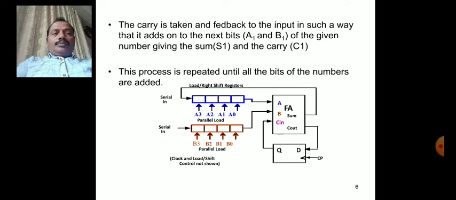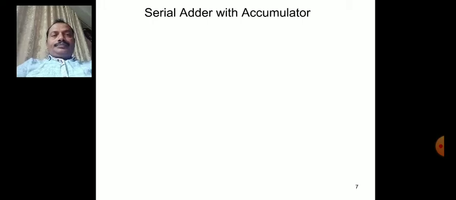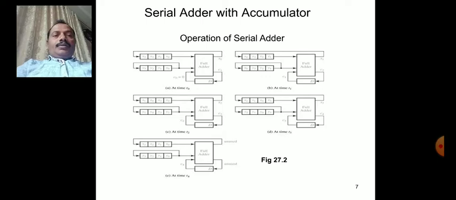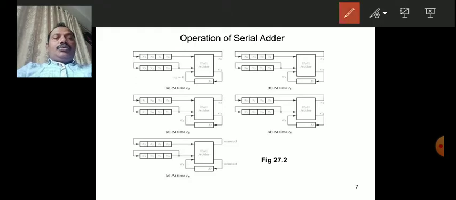Now let us see one example. Observe here, initially at time t0, inputs are A0, B0, and carry in is 0.